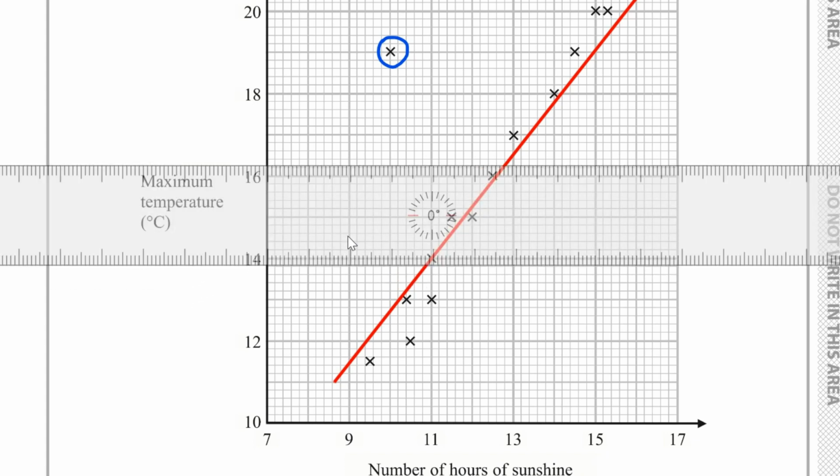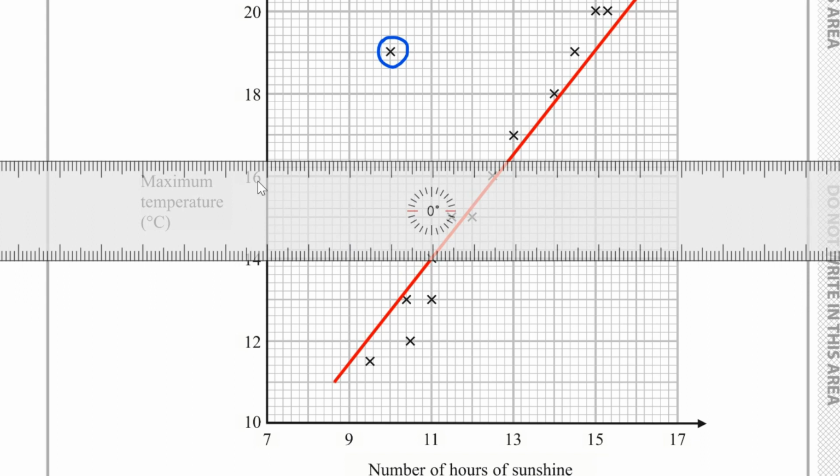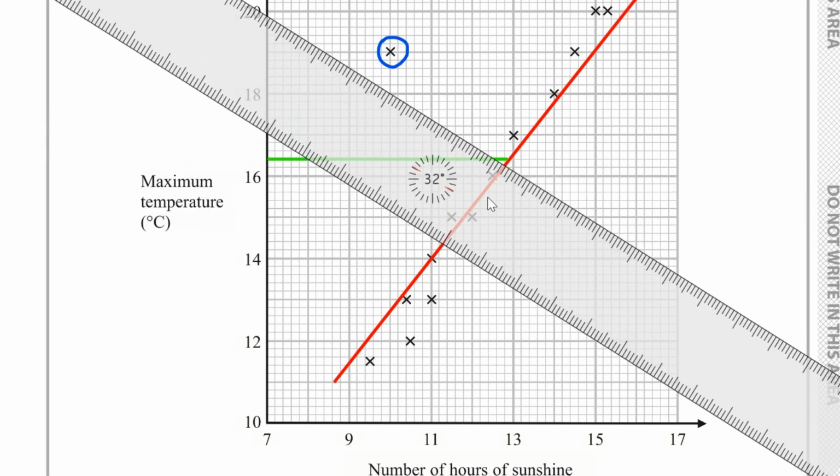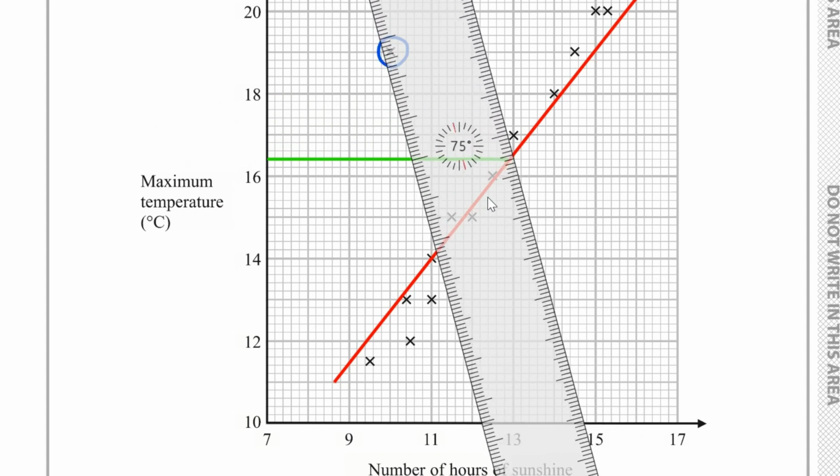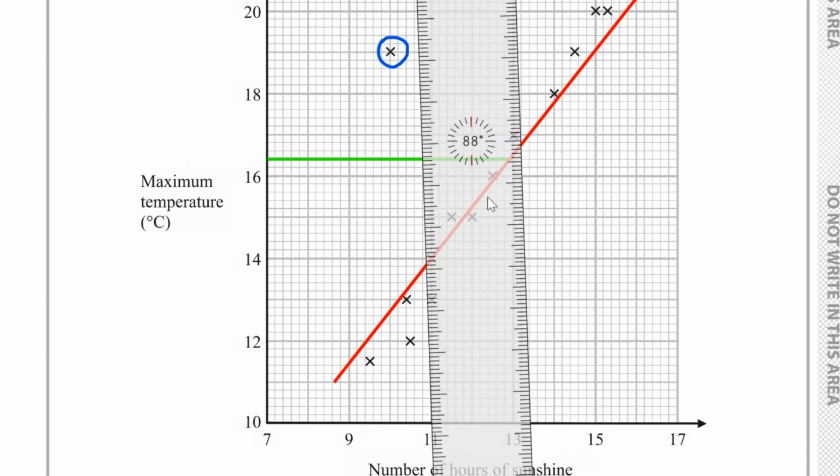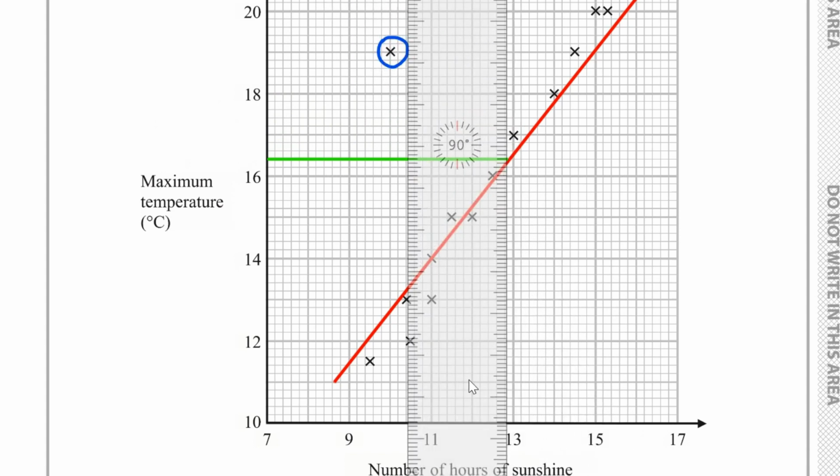So 16.4 is over here. So we draw a horizontal line across, and then we draw a vertical line down from this point over here. So we draw a vertical line going down.